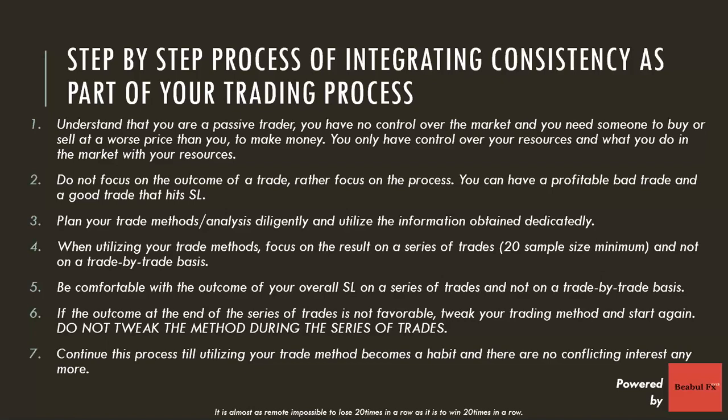When you tweak it, then you start the process all over again. All right. Do not tweak your method during the series of trades. Let that series be complete. Remember, we don't review a trade, we review a series of trades, a sample size of trades, minimum of 20.